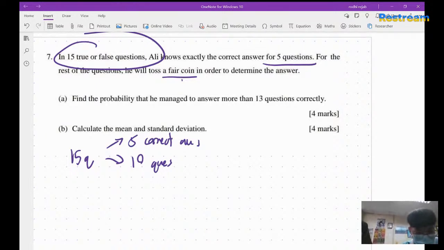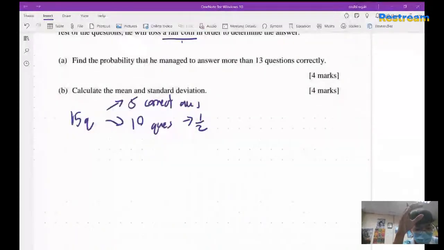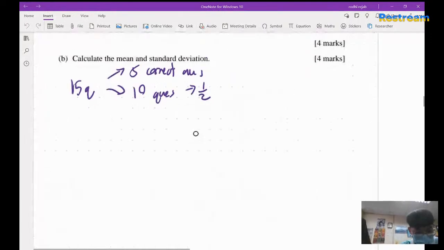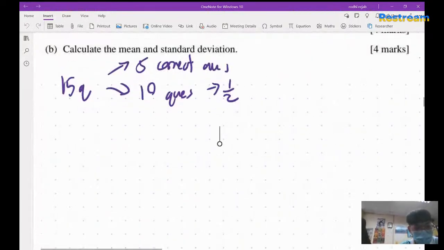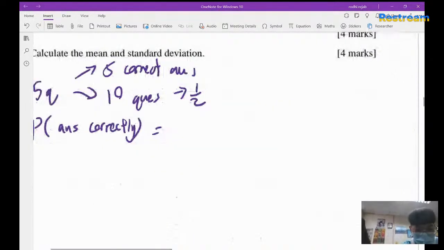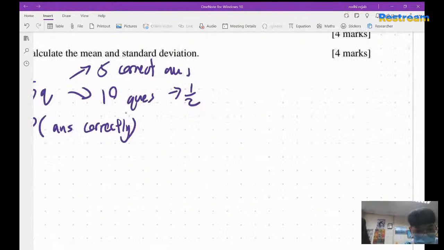Now we need to find the probability that he is able to answer each question correctly. So it's more like an 'and' probability, like I said earlier.